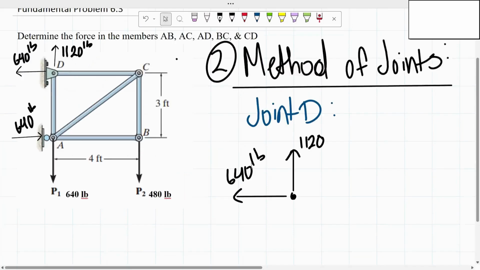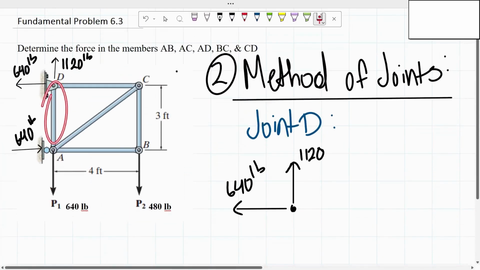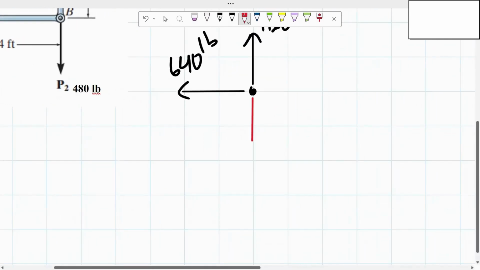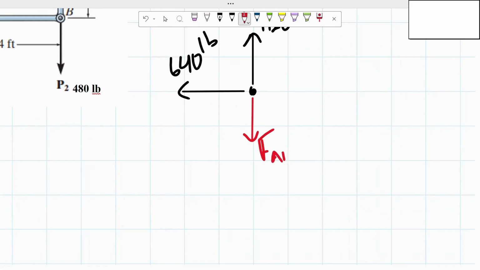And then we would have the forces of bar AD and bar CD. I'm going to assume that they're in tension, so away from the joint. I'm going to call this force AD, since it's the force of bar AD, and I'm going to call this force CD.